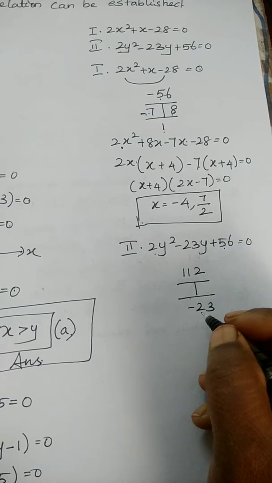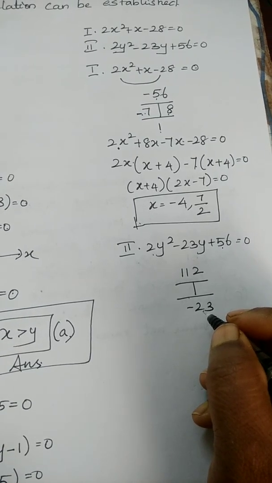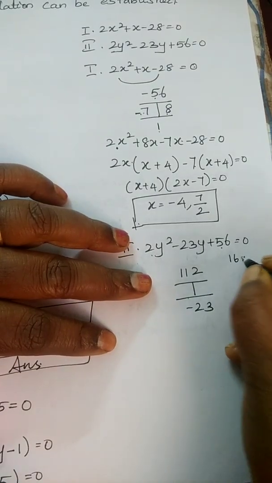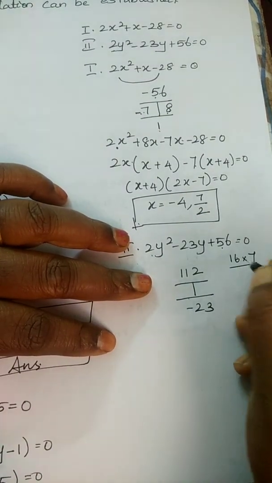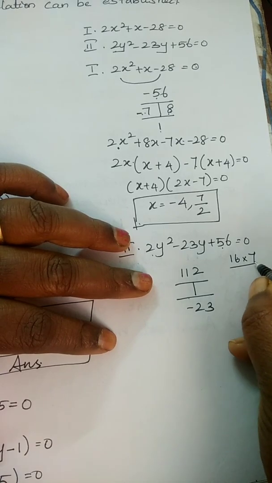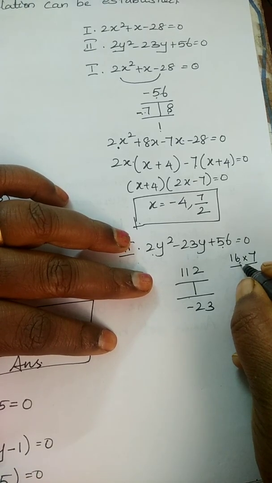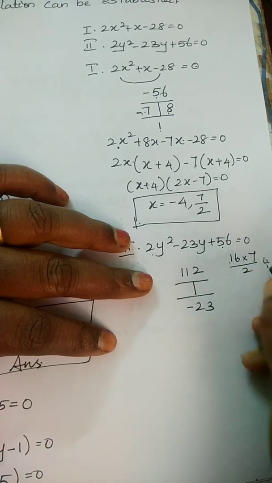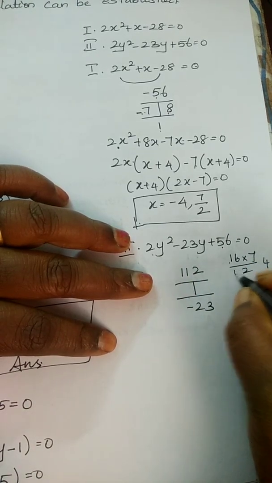So can we check with 16 into 7? 16 multiplied by 7, so 6 sevens are 42, balance 4, 1, 7 plus 4, 11.